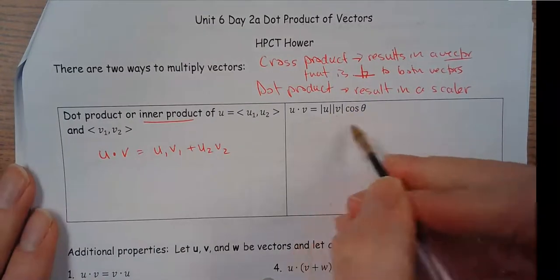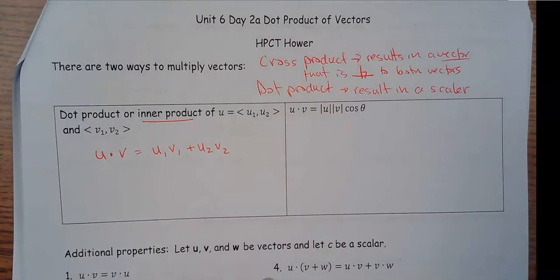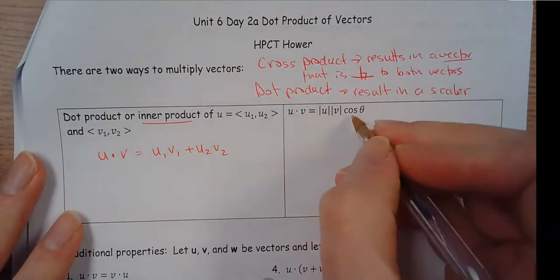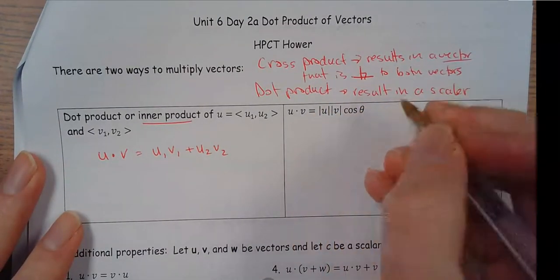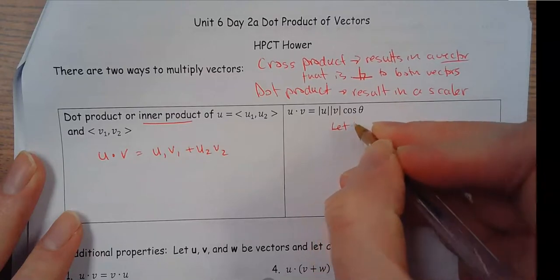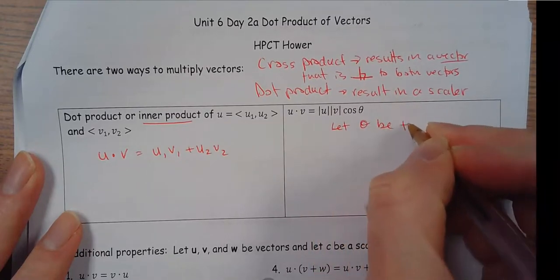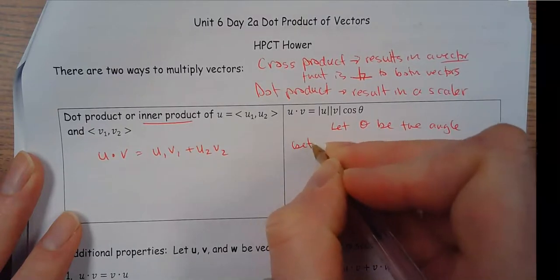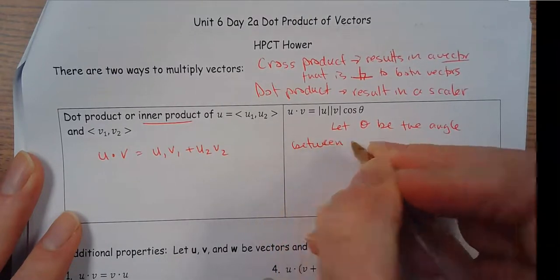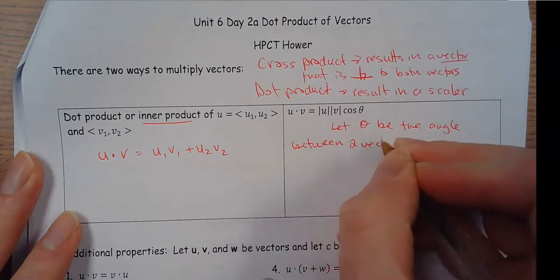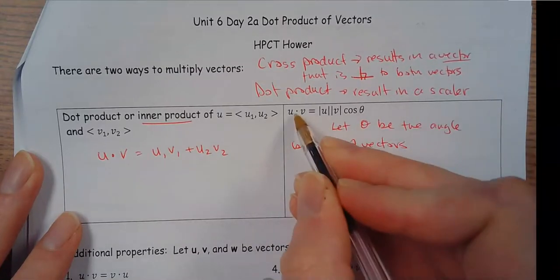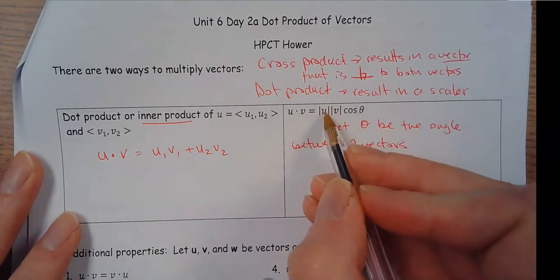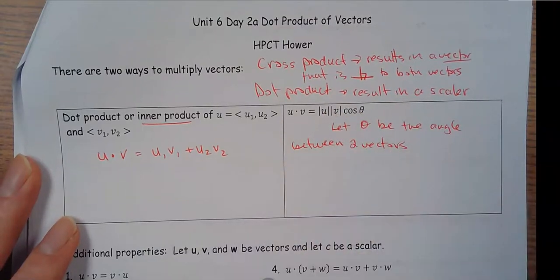Another formula we're going to use: if you want to find the angle between two vectors, the dot product actually helps us do that. Let theta be the angle between two vectors, then this is true. The dot product is going to equal the magnitude of u times the magnitude of v times the cosine of theta.